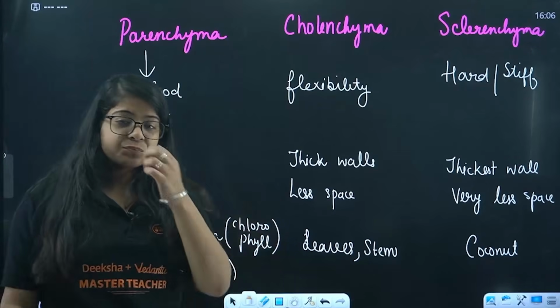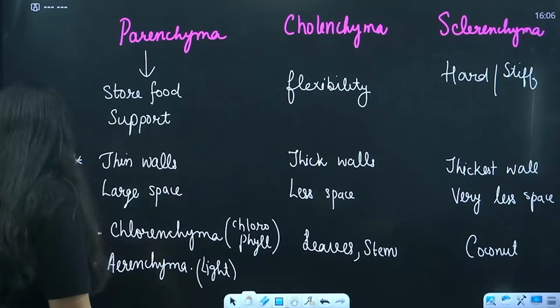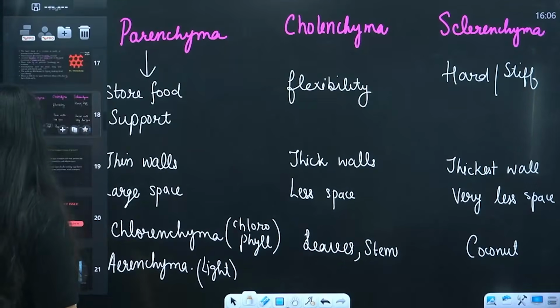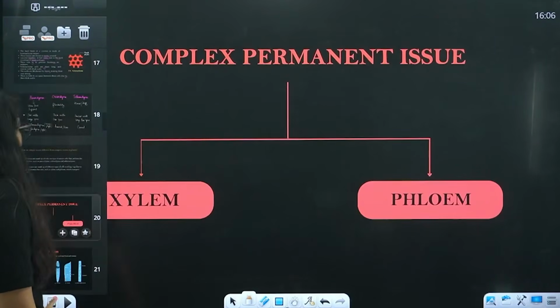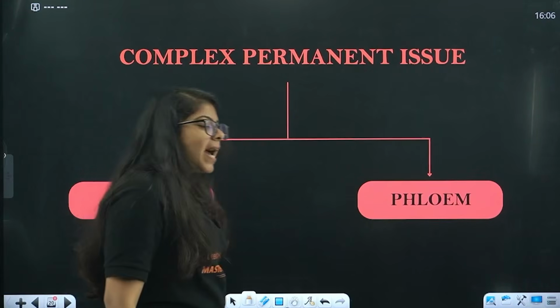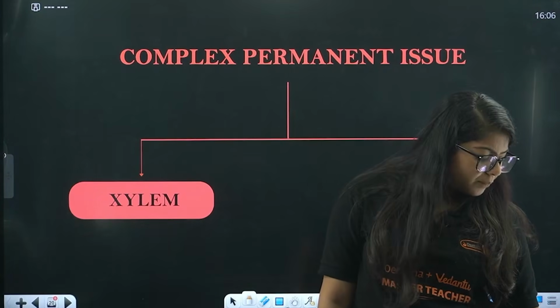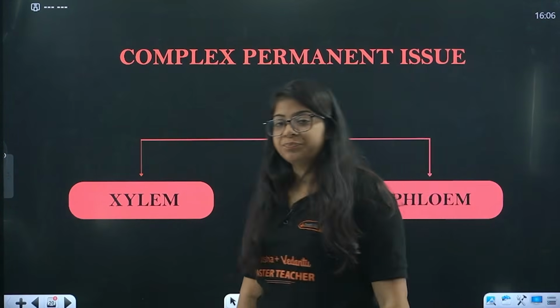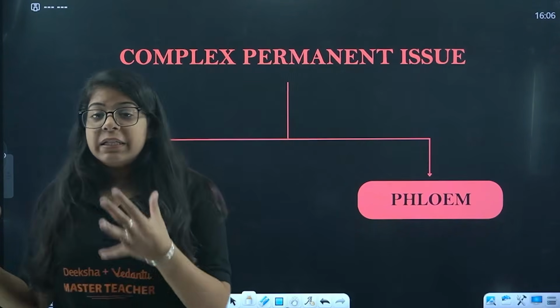Now, beta, after that we have complex permanent tissue. Complex permanent tissue is of two types, xylem and phloem. We studied a little about it before, but let's understand it in a deeper manner.